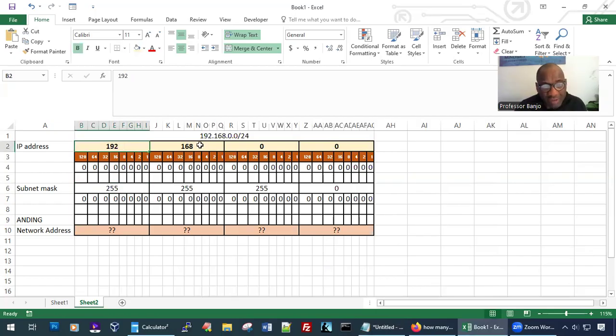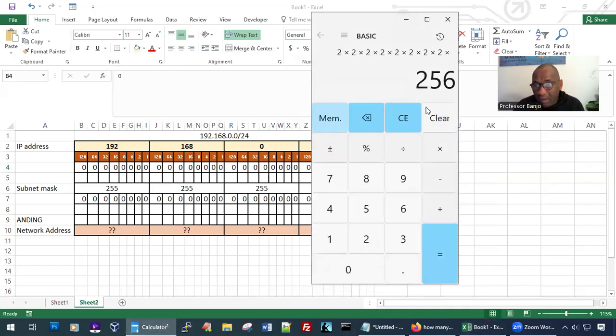And so we have 192.168.0.0. All right. So obviously, when you're doing your math, trying to convert binary to numbers, 192 minus 128, right?